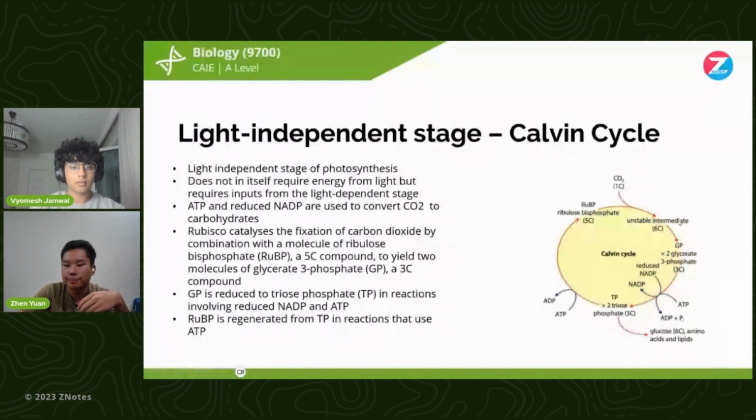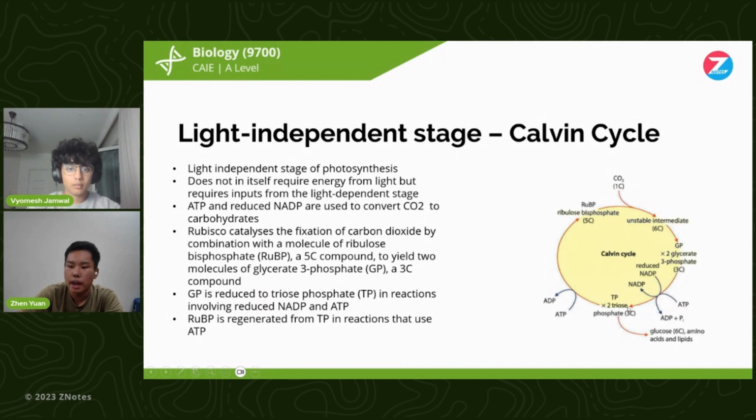As you can see, times 2 glycerate 3-phosphate, which is a 3-carbon compound. See, 6 divided by 2 is 3. And from then on, your GP is reduced to triose phosphate in a reaction involving reduced NADP and ATP.